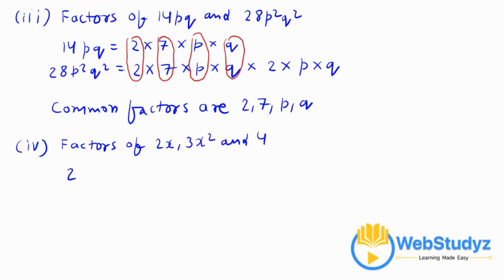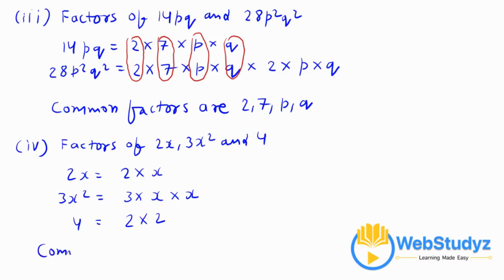So factors of 2x will be 2 into x. Similarly, factors of 3x square will be 3 into x into x, and factors of 4 will be 2 into 2. So as we can see, the factor that is common in all of them is 1.